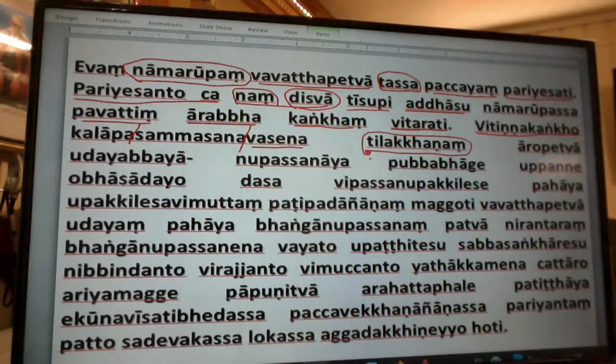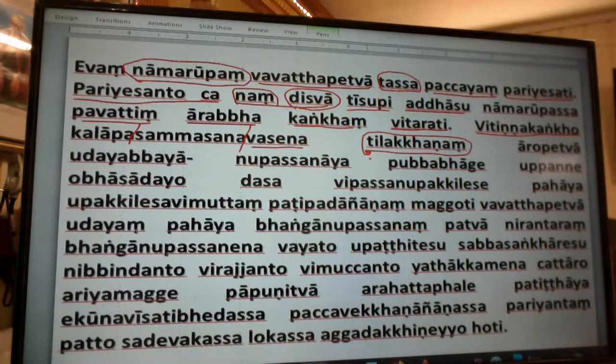Anicca, Dukkha, Anatta. Tilakkhana means Anicca, Dukkha, Anatta. These three characteristics are Samanya Lakkhana, universal characteristics, isn't it?